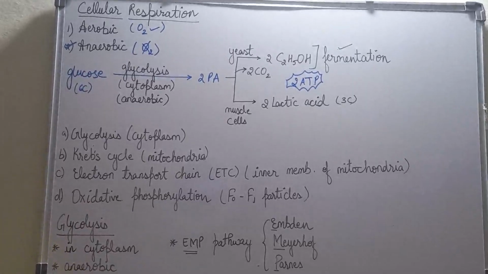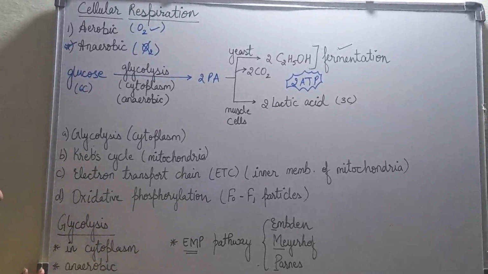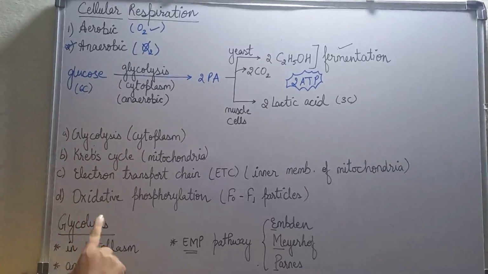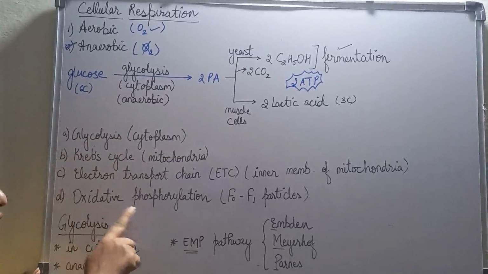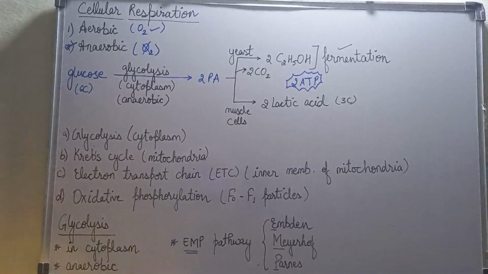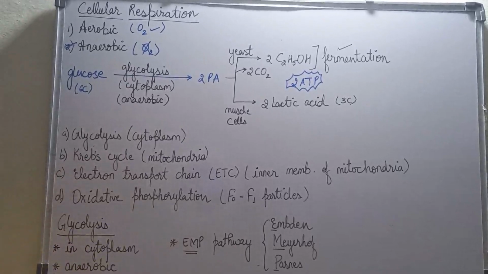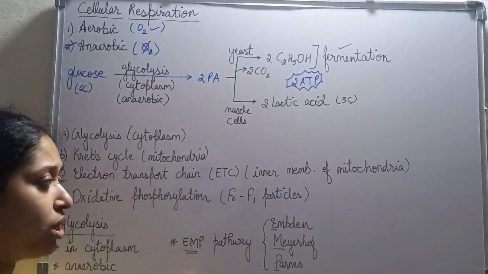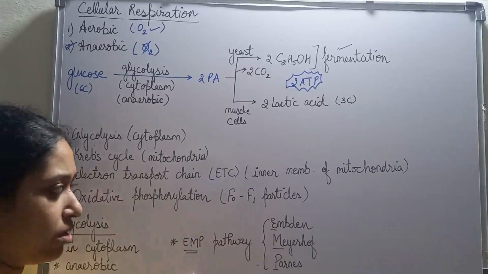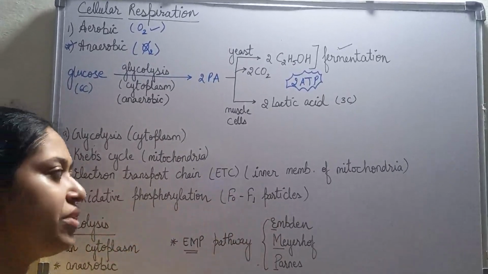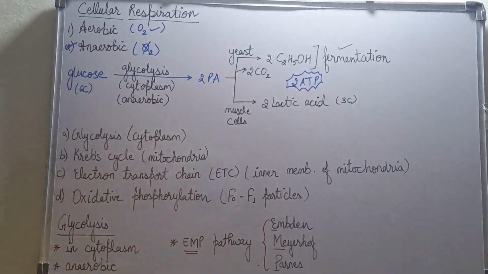In the inner membrane of mitochondria the electron transport chain will take place. And then the last step is oxidative phosphorylation, which occurs again in the inner membrane of mitochondria only. In the inner membrane there are certain particles known as F0, F1 particles. So this oxidative phosphorylation takes place in these F0, F1 particles.